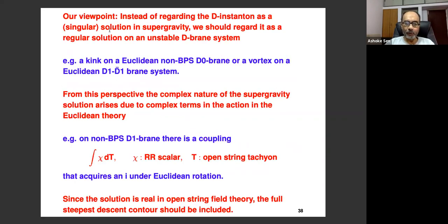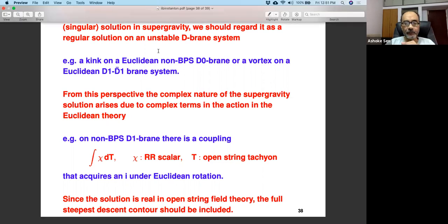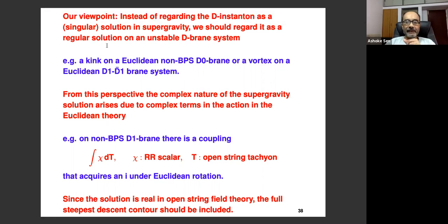The viewpoint is that these D-instanton solutions of supergravity are actually singular solutions. So it's not even clear that, even if they were real, you should include them or not. So I like to think of them as regular solutions in an unstable D-brane system. If we start with an unstable D-brane system, we know that the vacuum of the D-brane defines the standard perturbative vacuum.